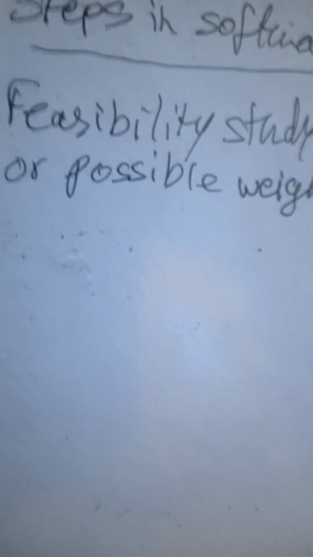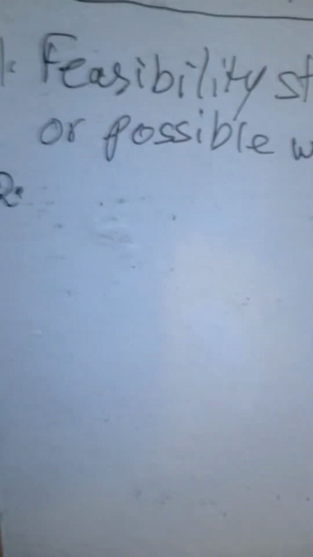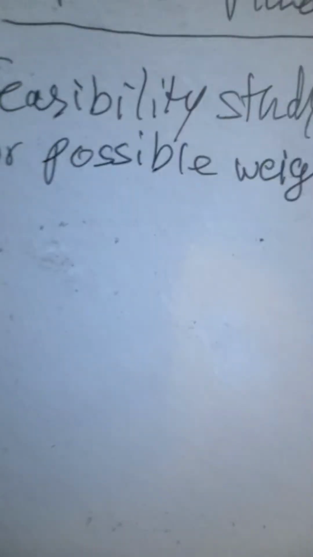Now what comes up? You have studied whether running through this idea is useful. Now you have to go for requirement gathering. When we are doing an experiment, what do we do? We collect the apparatus, right?